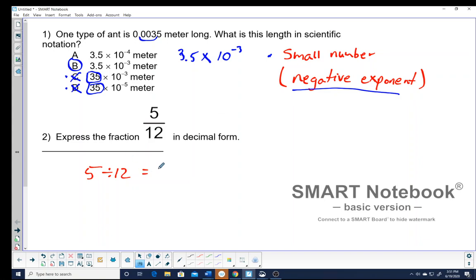Alright, so it's 0.41666666, which means the 6 is repeating. So that's how you would write it. Just 0.41 and a repeating 6. So just draw a line over the 6. And there's your answer.